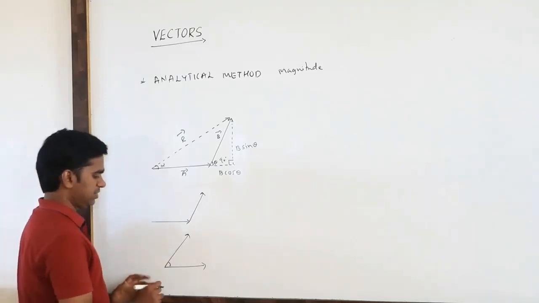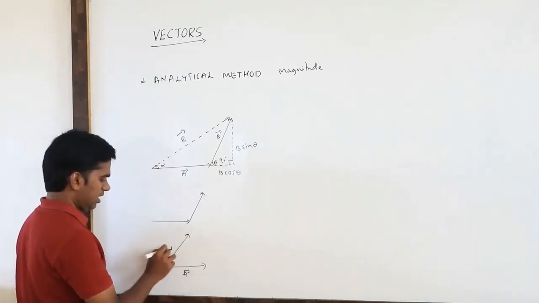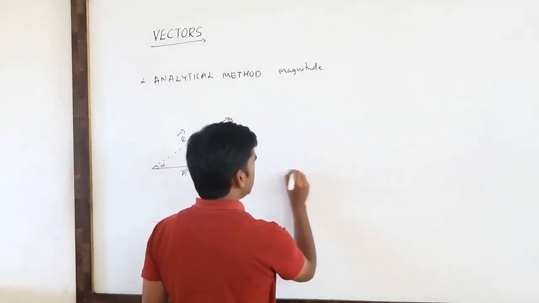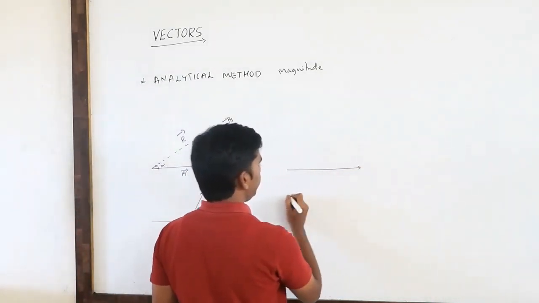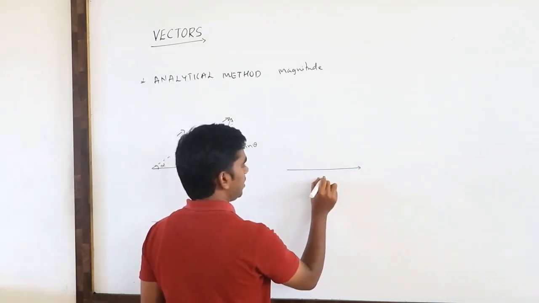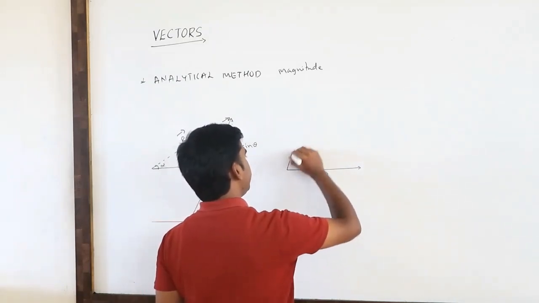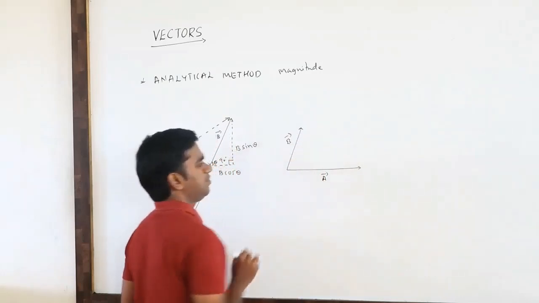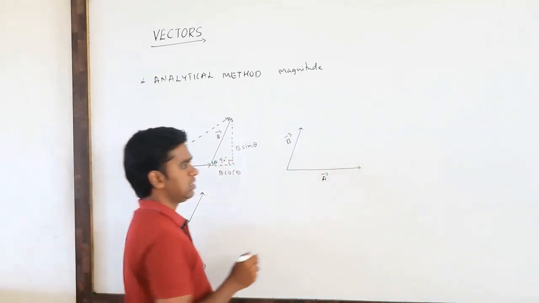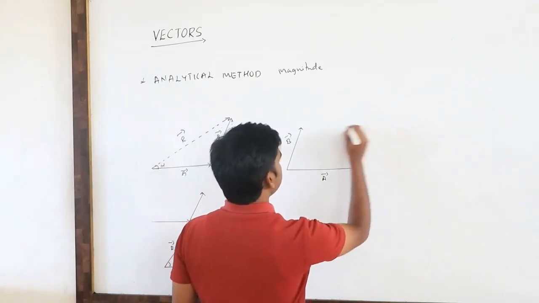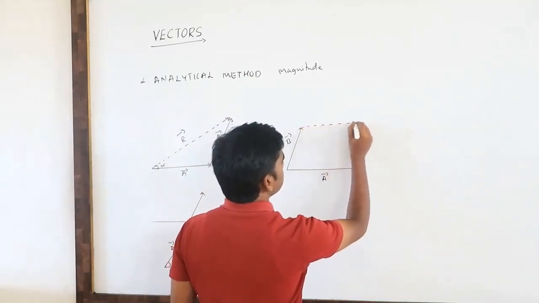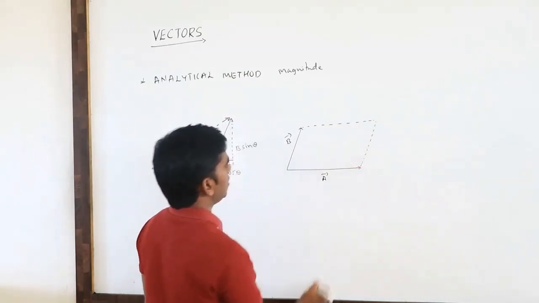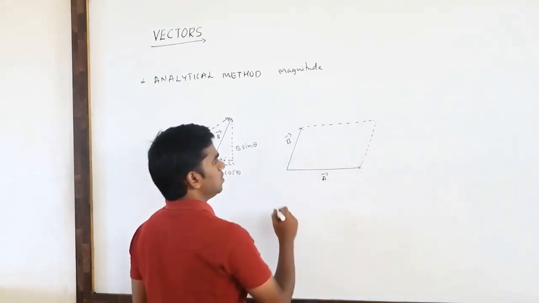Let me check. If I take this as vector A and this as vector B, what type of diagram will we get? So this is vector A, and here I take this as vector B. Now you draw the resultant. So you use the parallelogram.